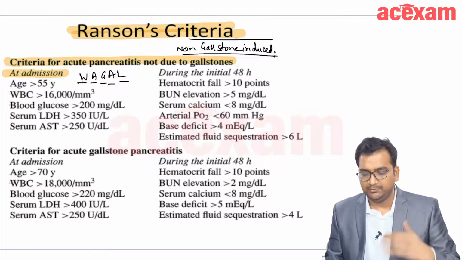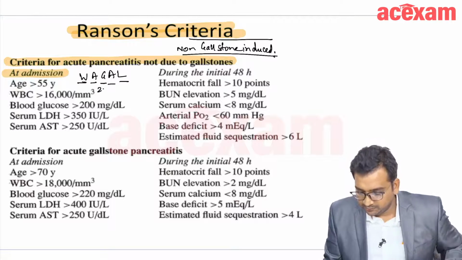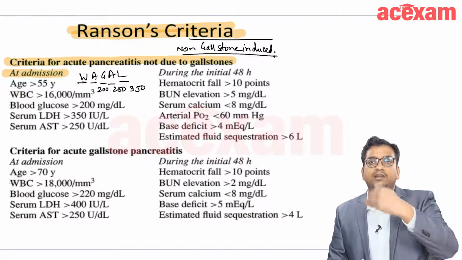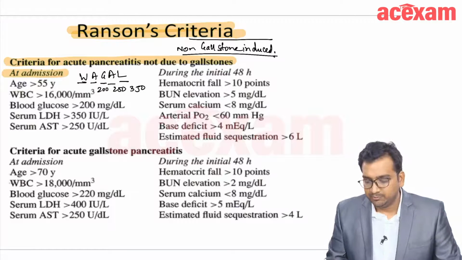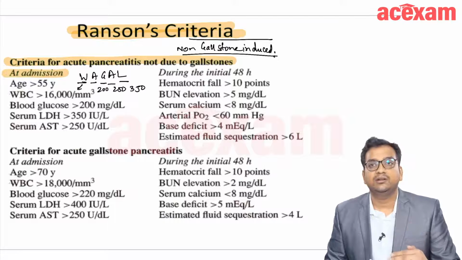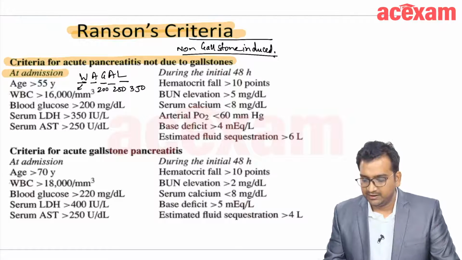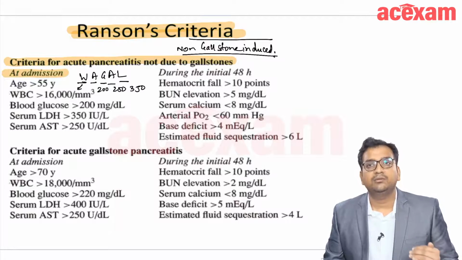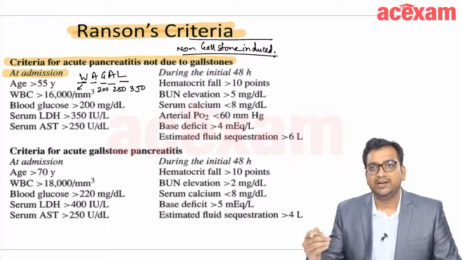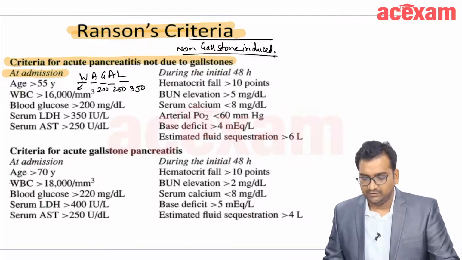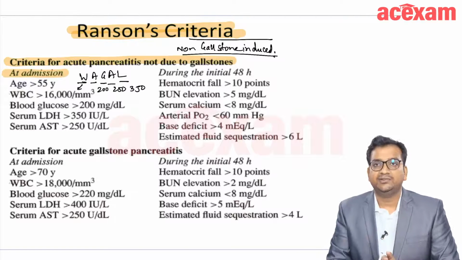You will be able to understand: here you can write 200, here 250, and in this L there is 350, so it is gradually rising. That is the criteria at admission.